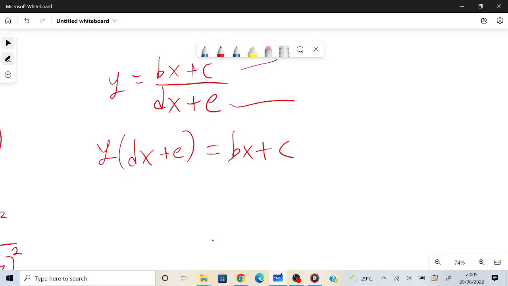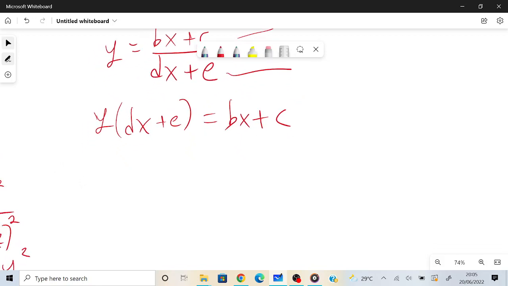Now because we have a dx over here, we can't simply say dx plus e equals bx plus c over y, because there will still be an x over here. So we need to make sure that we get rid of that x, and how we will do that is the question. To do that, let's try expanding this first.